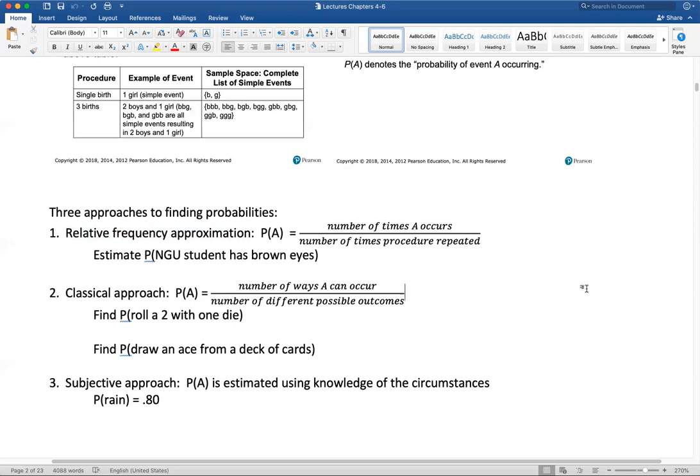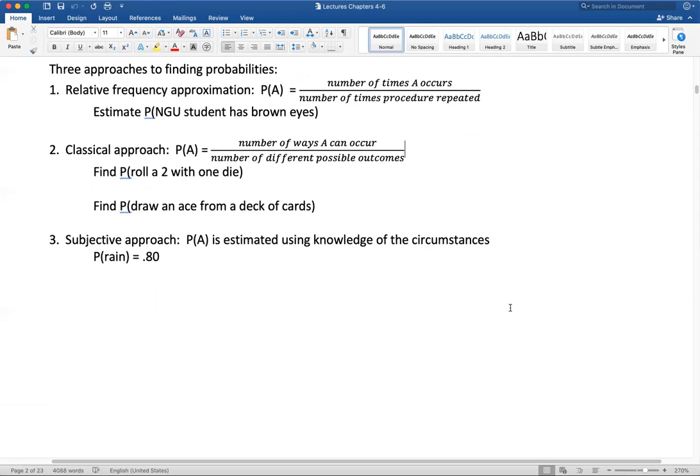So we use a relative frequency approximation to compute the probability of the outcome by observing something, surveying, or experimenting repeatedly. Okay, so a subjective approach: probability of A is estimated using knowledge of the circumstances. That's the end of this course, so we're not going to talk about this one in depth, but an example is the probability that it will rain.